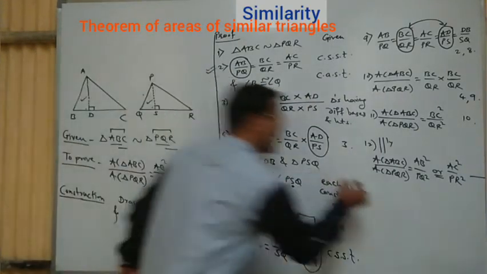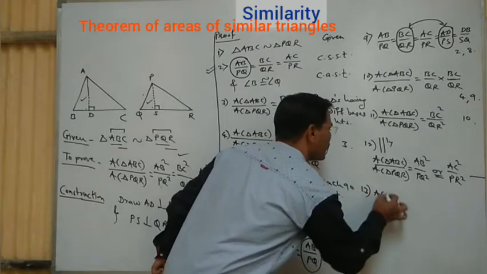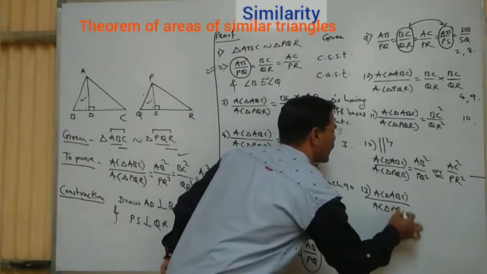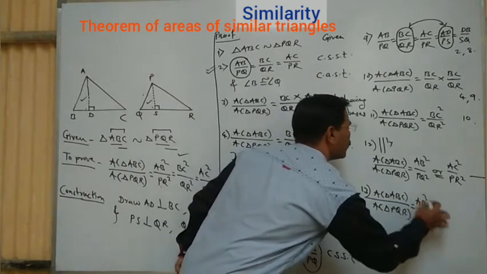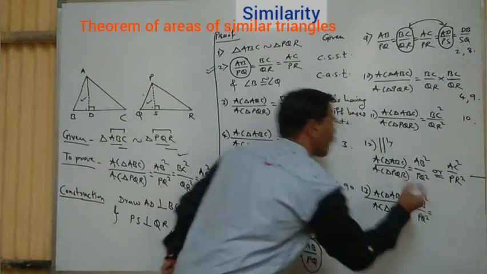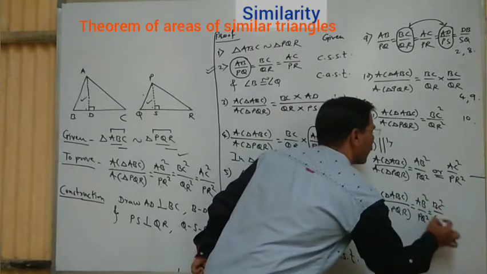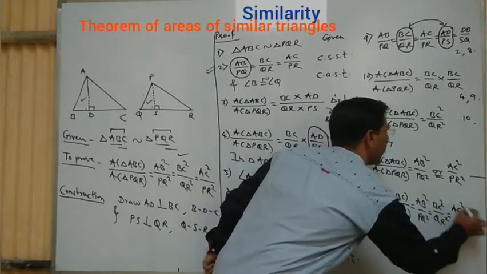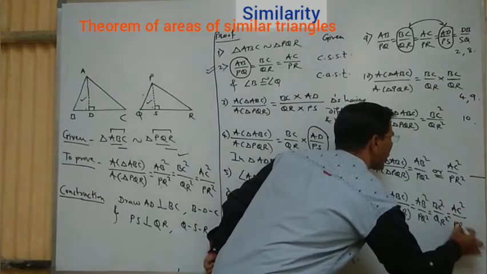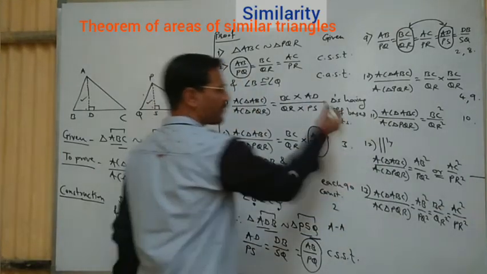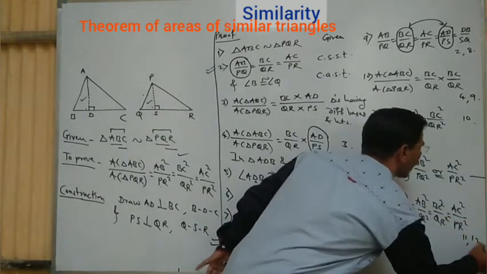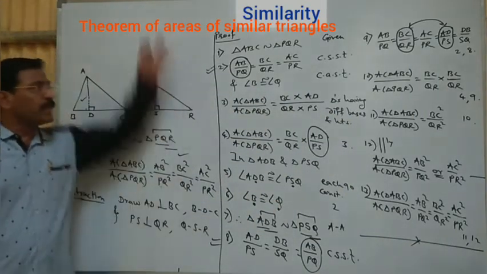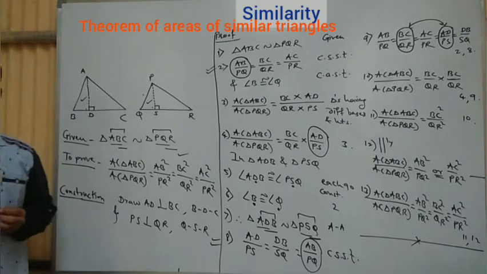Now the last step, which is our proof: area of triangle ABC upon area of triangle PQR is equal to AB square upon PQ square, BC square upon QR square, or you may take AC square upon PR square. Like this we can prove it, and this is from the 11th and 12th steps. Understand? This is a very important theorem.